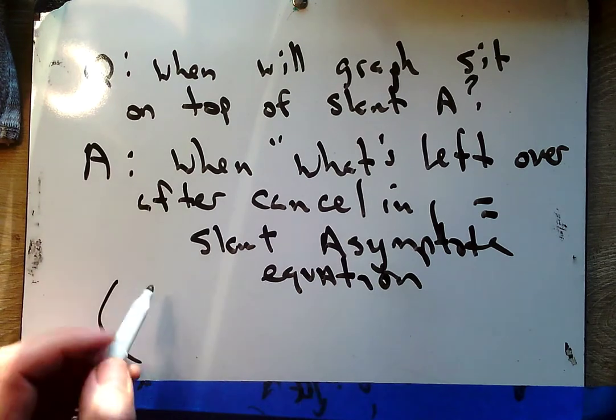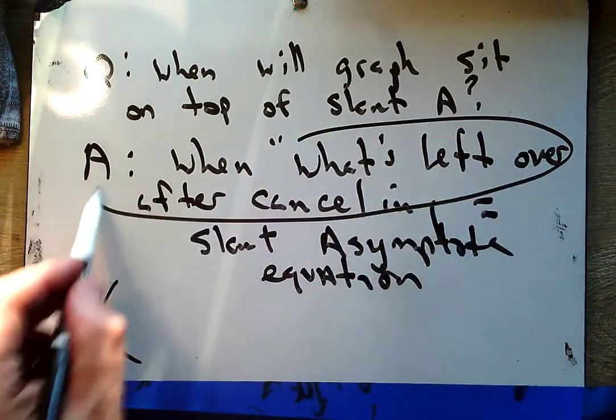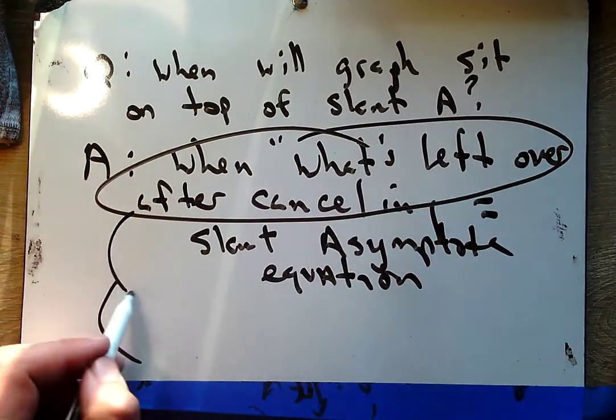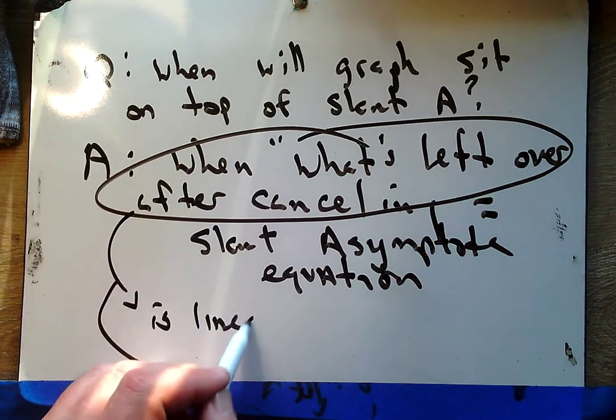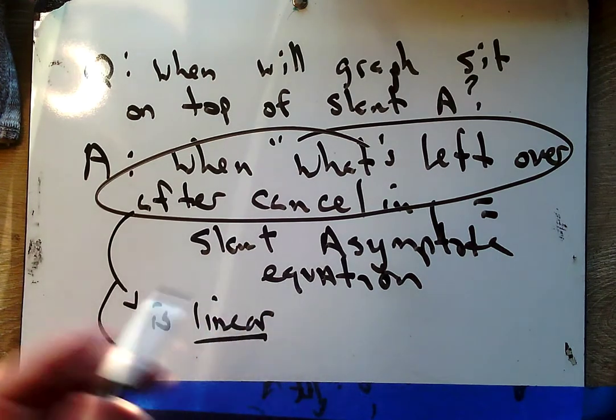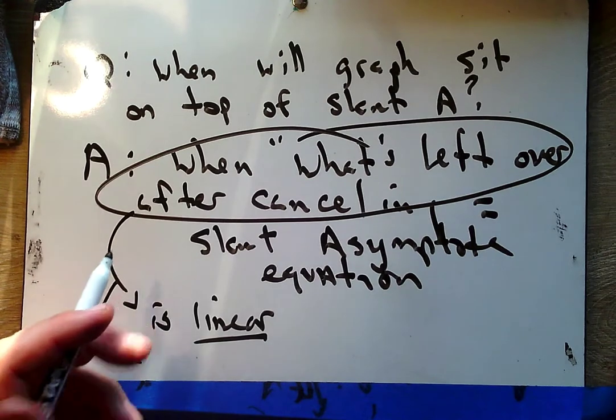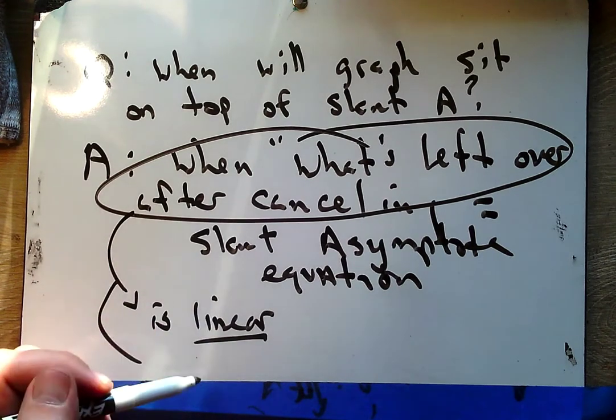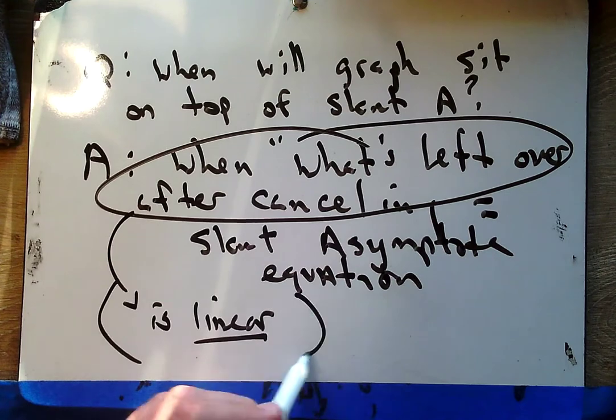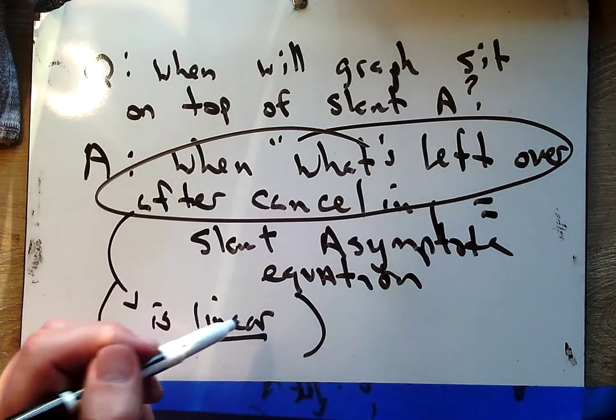And I'll say parenthetically, if what's left over after canceling is linear, y equals x minus 2, y equals x plus 3, a linear equation, that's when that's going to happen.